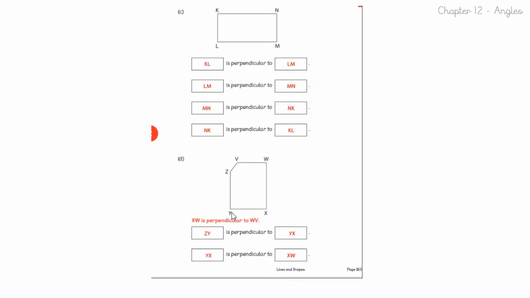We also know that YX is perpendicular to XW because they make a right angle here. We had to write two statements, but there are actually three options, so you could have written that XW was perpendicular to WZ because they make a right angle here. Okay, so any of those three options are fine. Do not worry if you wrote it the other way around.